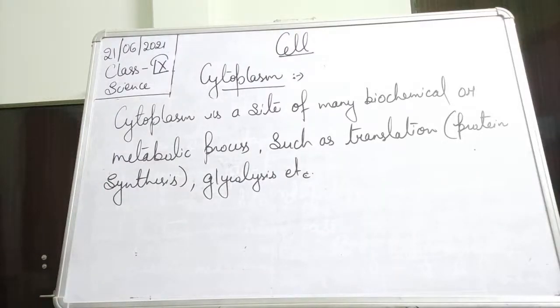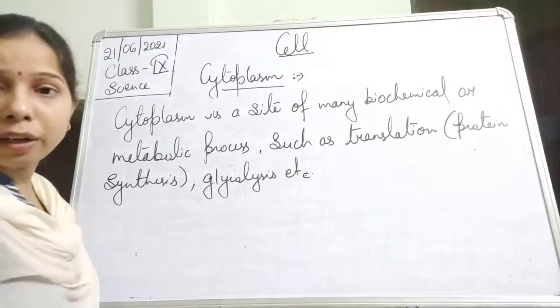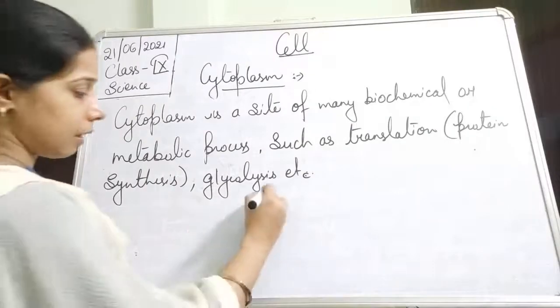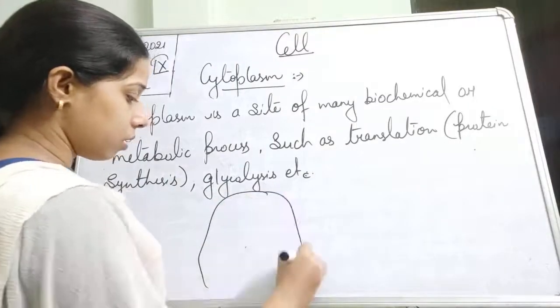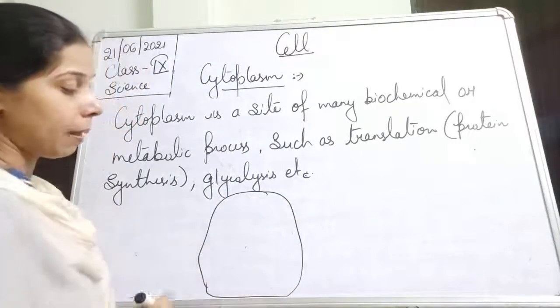The second point is what happens in the case of a eukaryotic cell. When you look at this cell, students, suppose this is a cell.